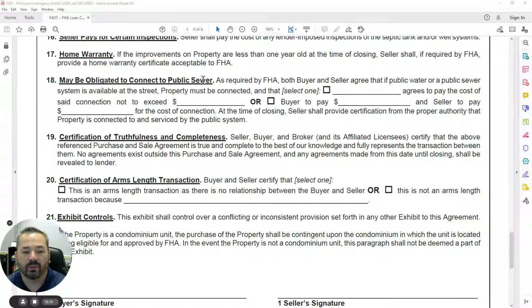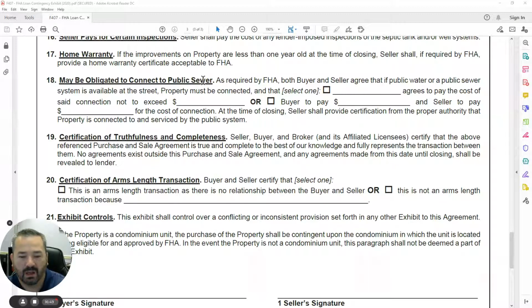is whether or not the property may be obligated to connect to public sewer. The FHA prefers sewer systems over septic systems, and so if a property is on septic and sewer is available, or if public water is available and we are on well water, the FHA wants those connected to the public system.